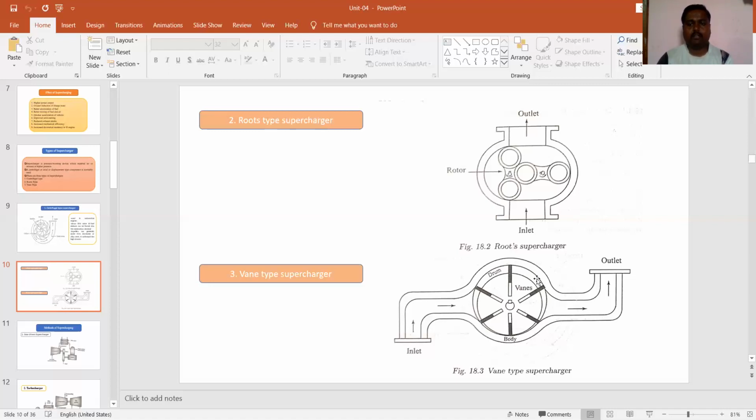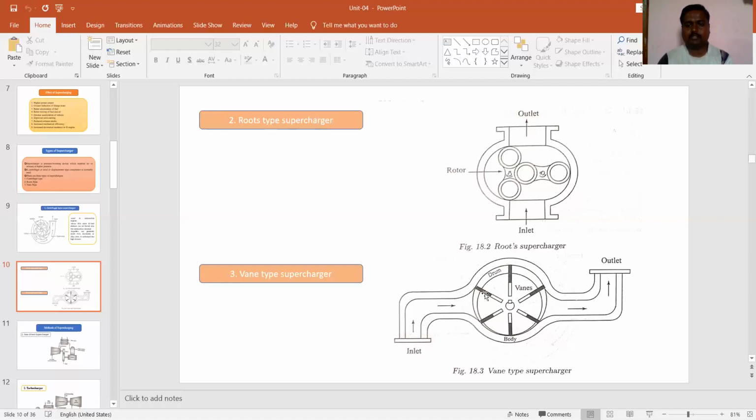When this is in start condition, what happens? Inlet air passes through the inlet and comes into the supercharger.